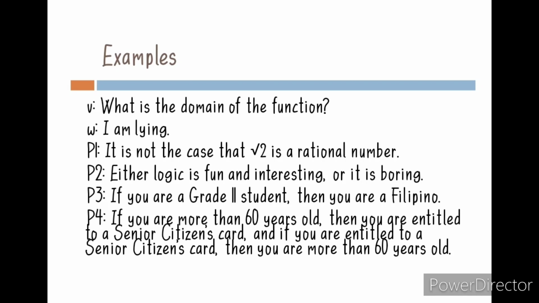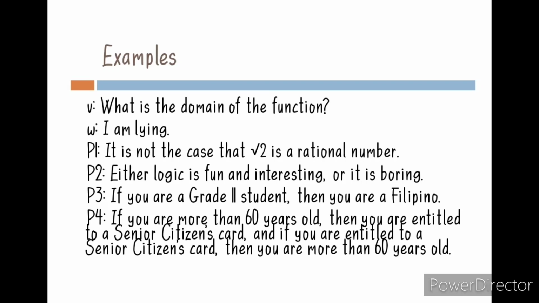Next is the P sub 3. If you are a grade 11 student, then you are a Filipino. This is a declarative sentence, but it is not true. There are also grade 11 students of other nationalities. Next is P sub 4. If you are more than 60 years old, then you are entitled to a senior citizen's card.